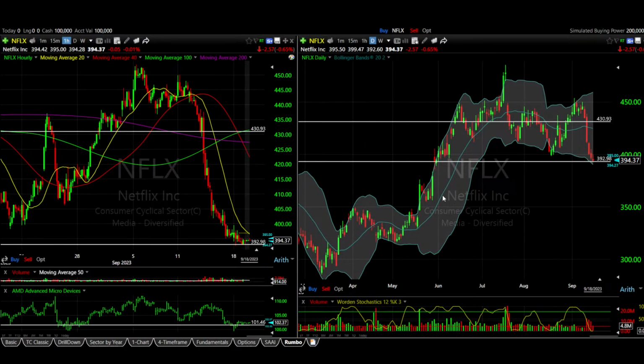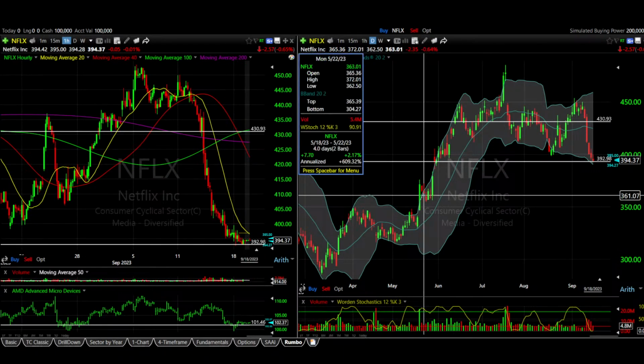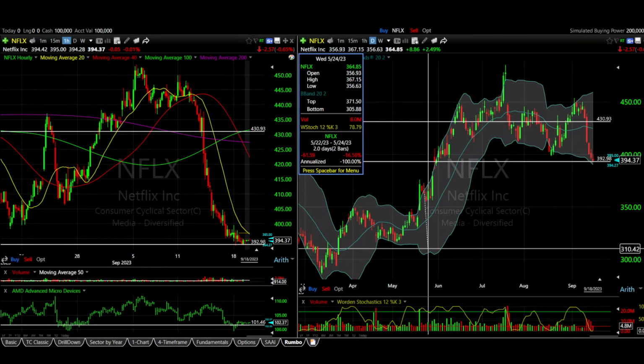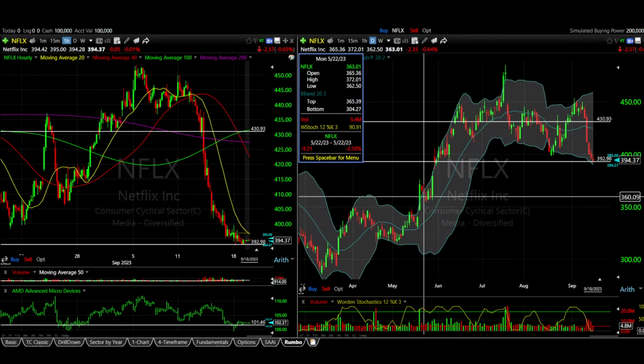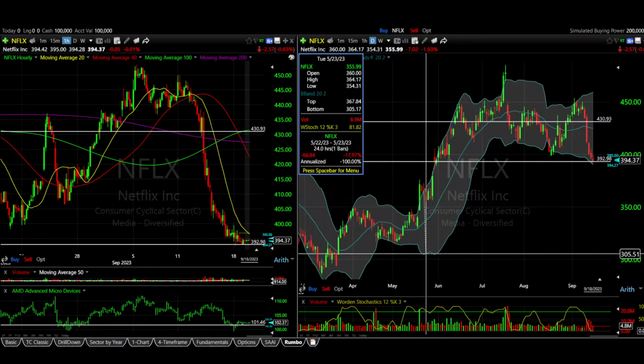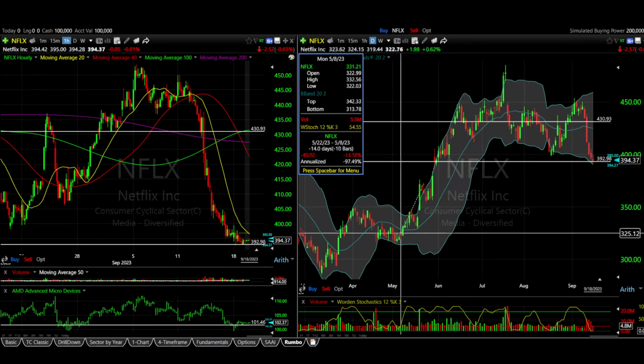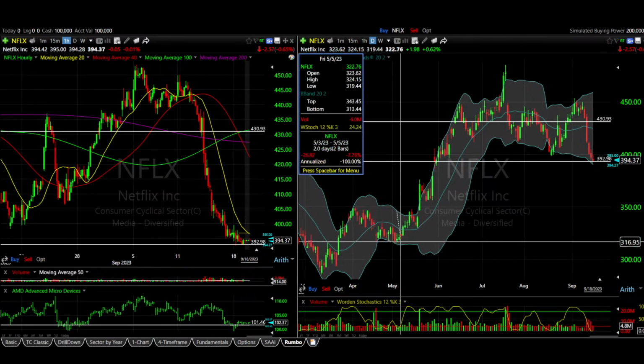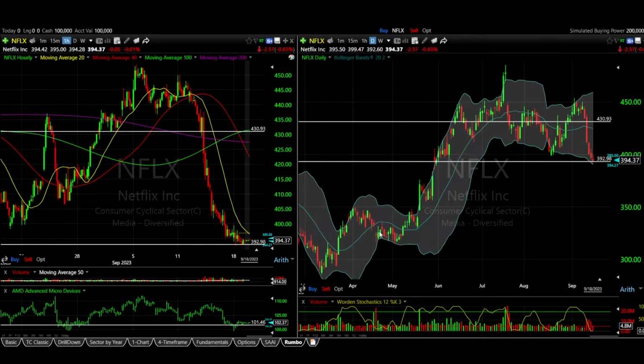If you compare the upper band and the lower band from here to here, it's pretty big. You see what I mean? Like 362 to 304, it's like 60 points. It's a 60-point gap. Right here, the gap is 347 to 314. It's about a 30-point gap. It's like half the size, basically. What does this mean?